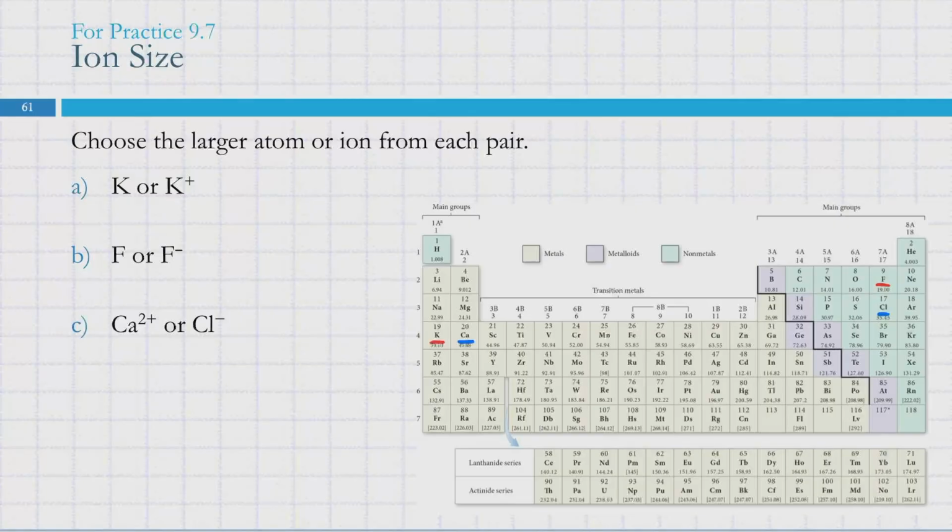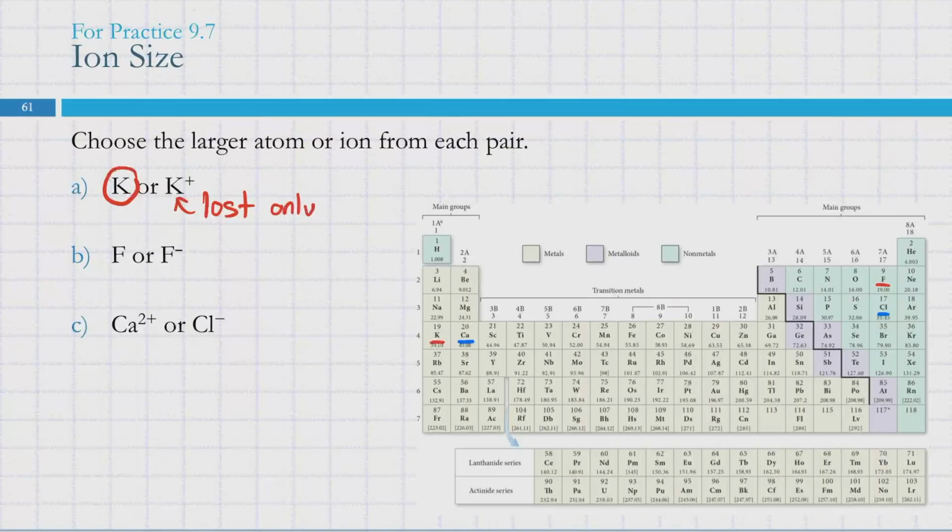All right, potassium or the potassium ion, which one is larger? Yeah, it's potassium. What happens when we change from potassium to the potassium ion? It loses the outer shell.